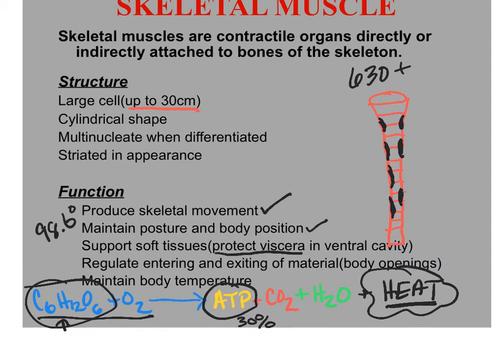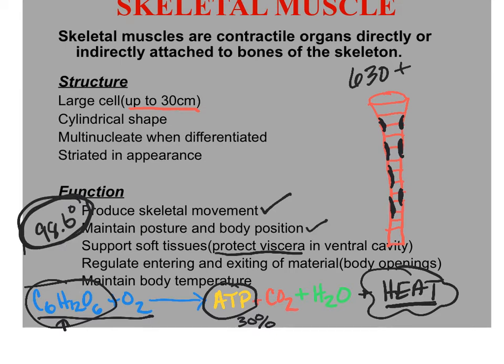So this is happening in all of your muscle cells, in all of the muscle tissue, in all of the organs in your body. And when this occurs, you're constantly releasing heat. And there are mechanisms in the body that help you to hold on to that heat and not release all of that heat to the environment. So when we can hold on to that heat, it helps us to maintain 98.6 degrees.